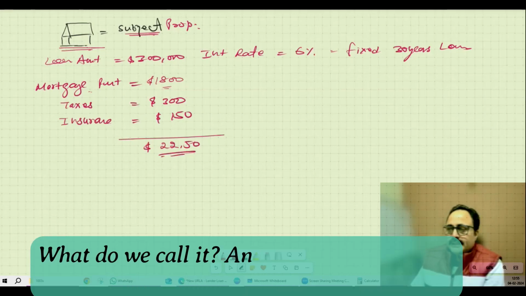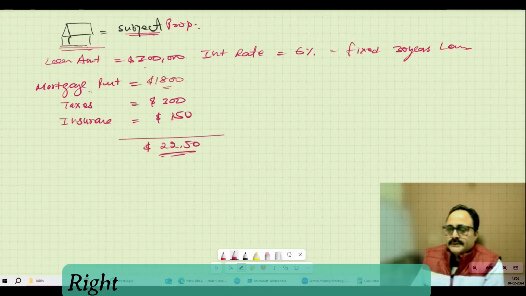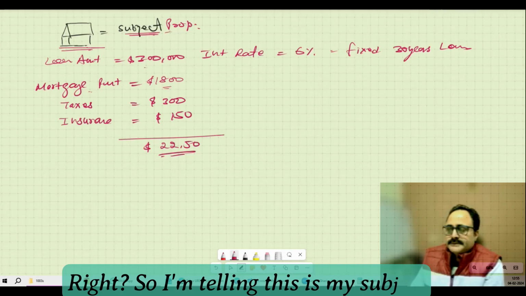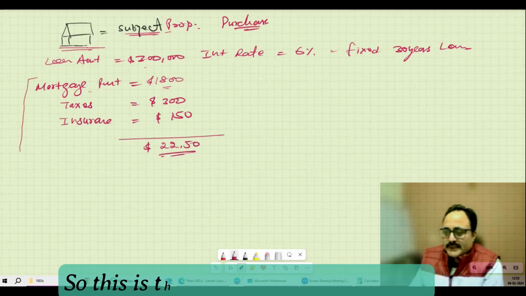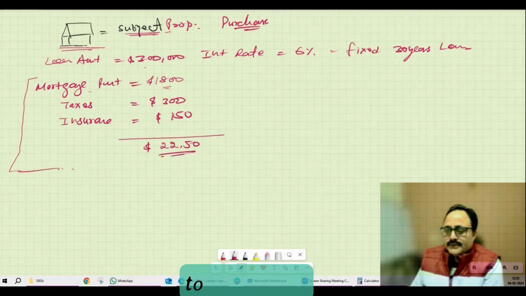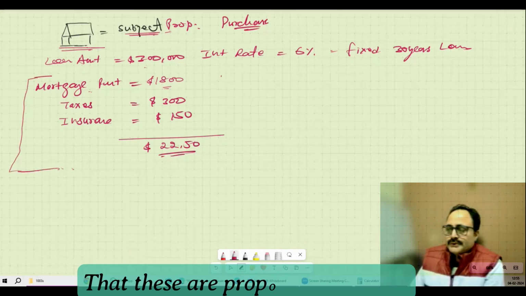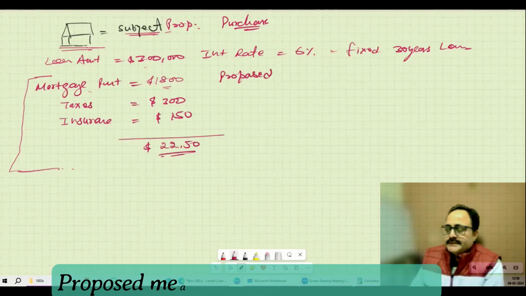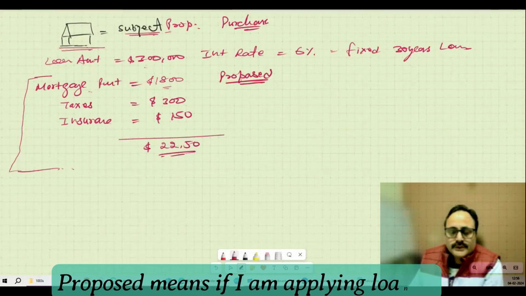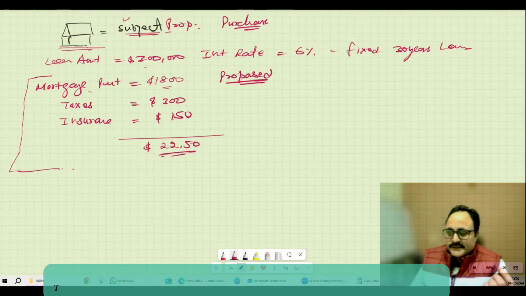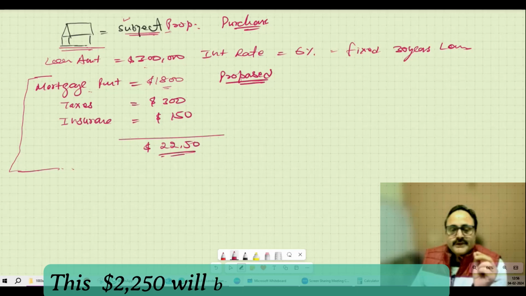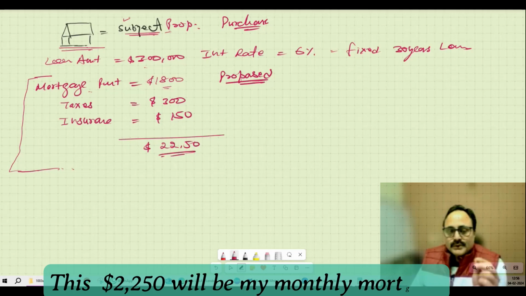What do we call it? This is my loan amount, right? So this is my subject property purchase. I'm purchasing this property, so this is the amount we are going to show here as proposed payments. Proposed means if I apply for a loan to purchase this property, once I purchase it, this $2,250 will be my monthly mortgage payment.